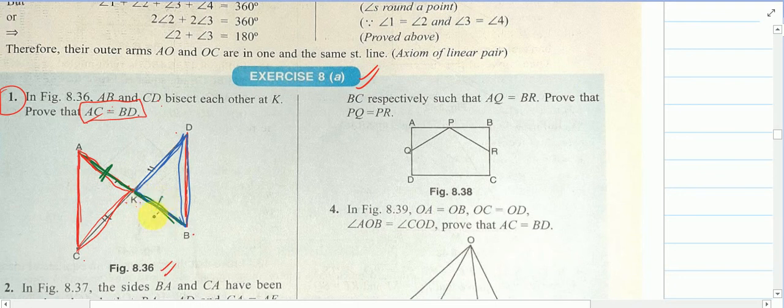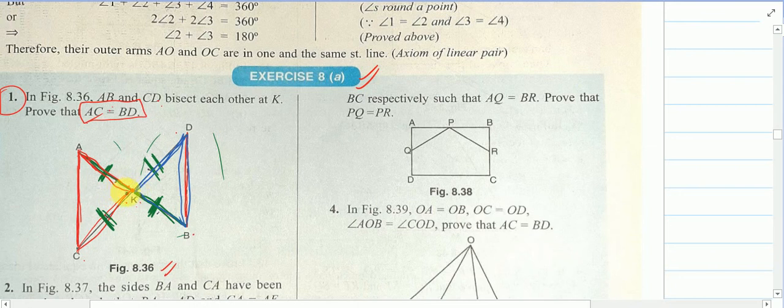Why are these two equal? Because AB and CD are bisecting at K. So AK is equal to KB, but this KB is part of which triangle? This triangle, and AK is part of this triangle, and further your CK is equal to KD.